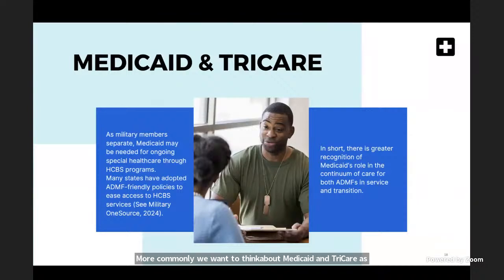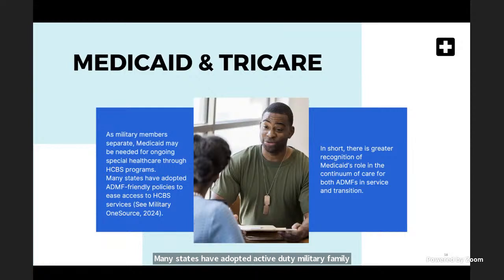As military families separate, Medicaid may be needed for ongoing special health care through HCBS programs. Many states have adopted active duty military family friendly practices to ease access to HCBS services. Okay, let me talk about this for just a moment.